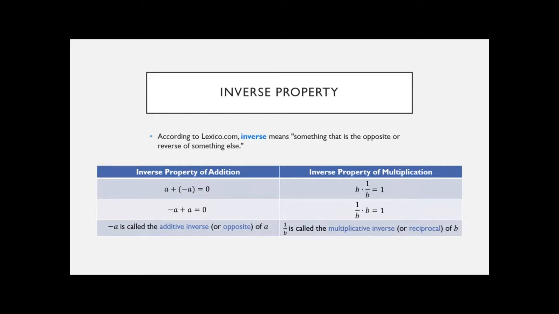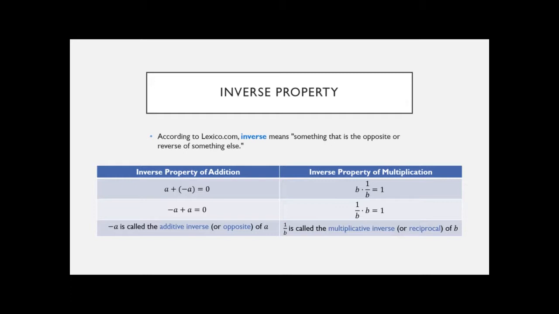So we have the inverse property of addition, where if you take a number and then you add the negative of the number, those add together to 0. The negative is also called the opposite, and that comes directly from the definition of inverse. So if I take 2 and negative 2, you add those together, they cancel out to 0.